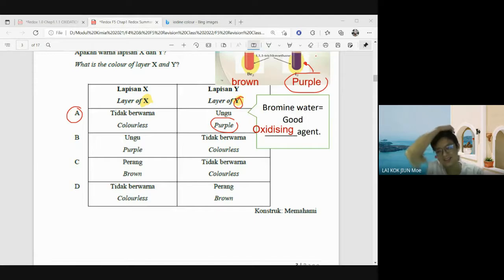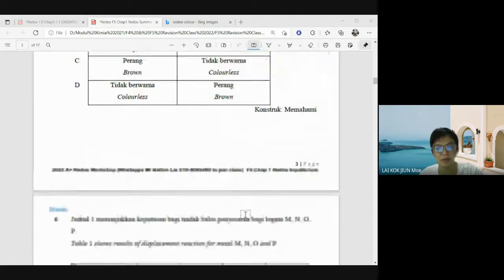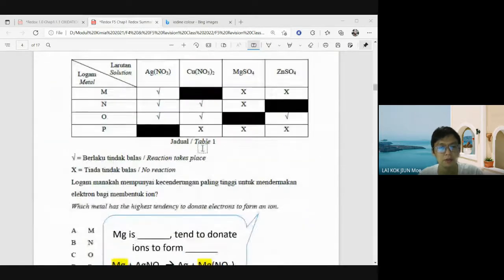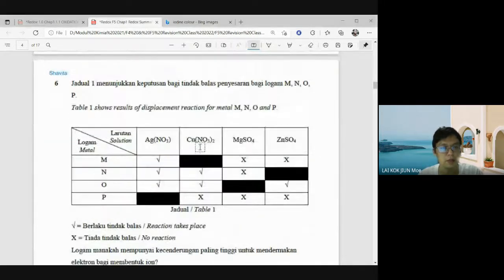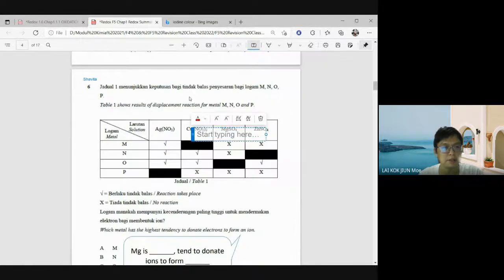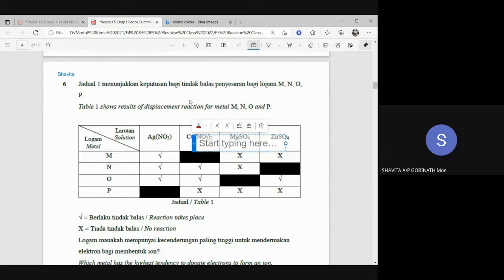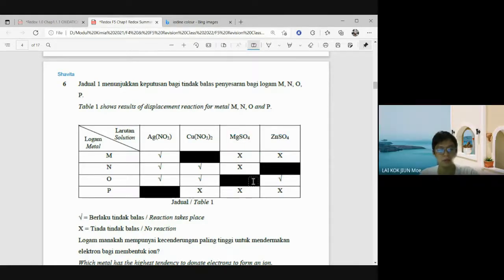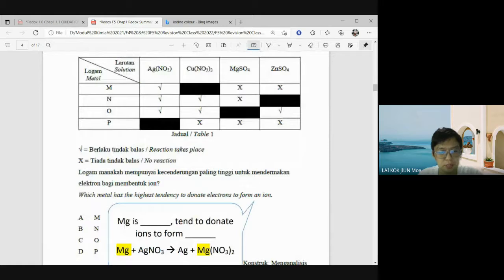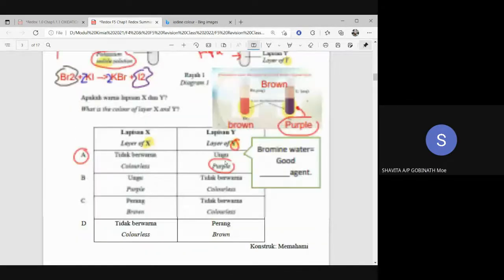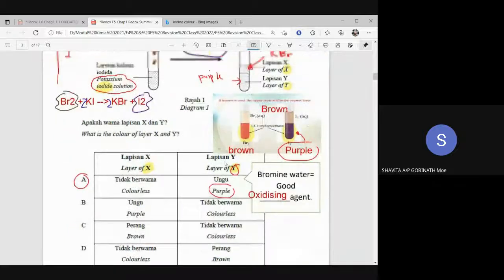Okay, so it's okay. The first time you try this kind of question is quite tough for you all because it needs a lot of concept understanding. So Shavita, are you here? Thank you. Okay, Shavita, your question is actually not so tough. You have to analyze the question. Before that, the previous question, the product is like KBr, right?